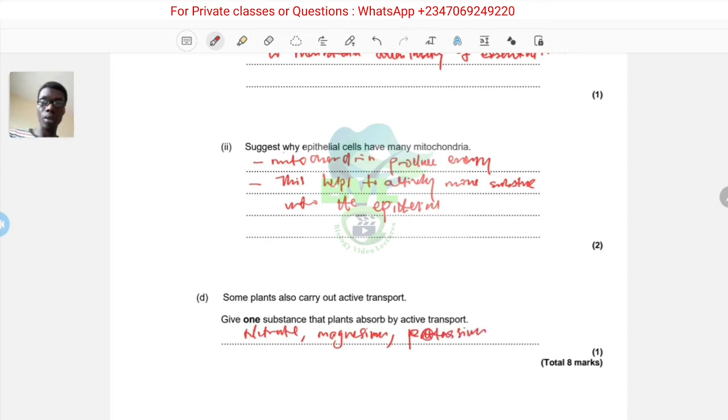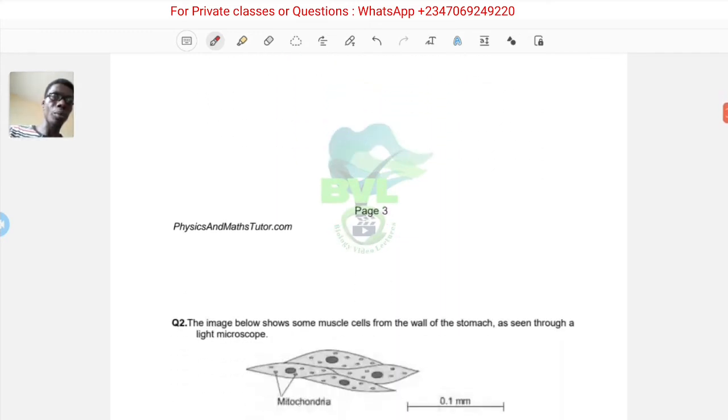You can go on and on. But please, glucose cannot be in here because glucose is formed in the leaves during photosynthesis. So what they absorb is not the way we absorb glucose actively. They don't do that because theirs is formed on the leaf. However, of course, in the body of plants, you still have a place where glucose is being transported actively, in the phloem and all of that. All right, let's move on.